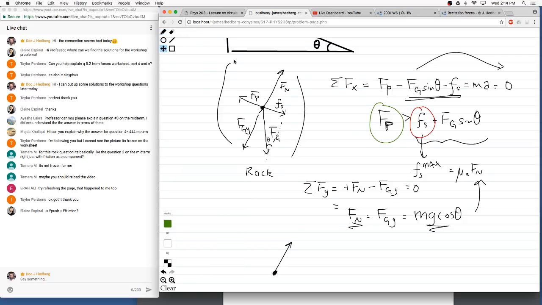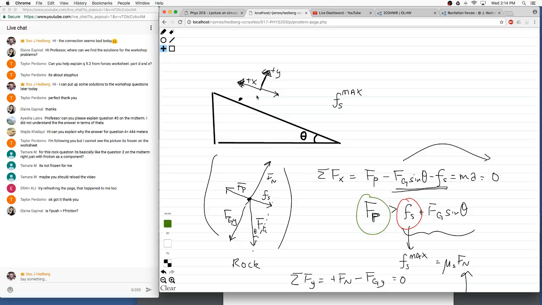So force push would be if we're standing here and we push up the ramp. Static friction will be pointing opposite to that.